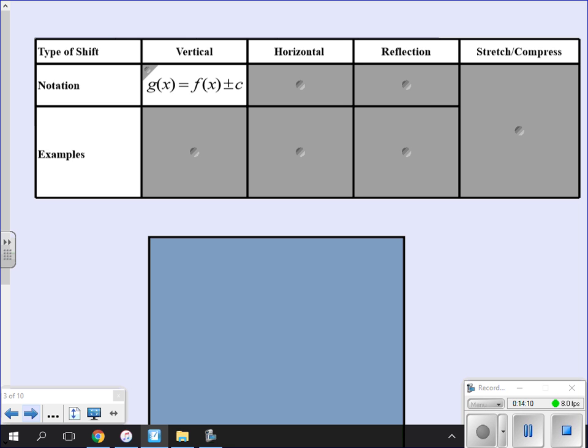I take the function and I add some constant. C is a constant. So x squared plus 2. X squared minus 5. Okay, that's taking a function and adding something to it. That gives us a vertical shift.